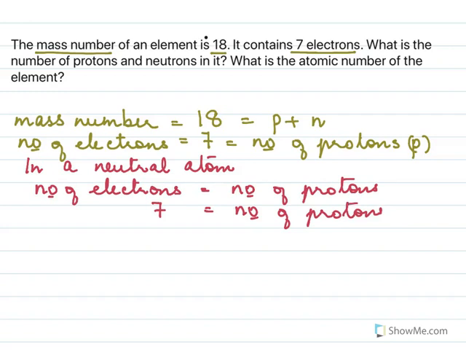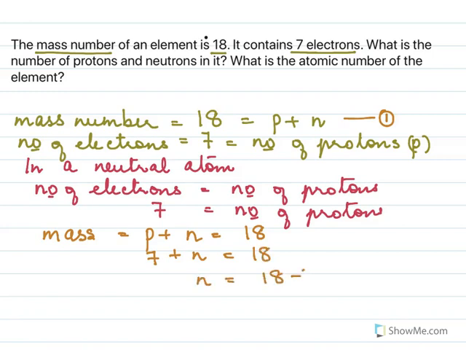Now for neutrons, we are going to take equation 1. We know the mass equal to proton plus neutron, which is equal to 18. Now protons were 7 plus n, neutrons, 18.